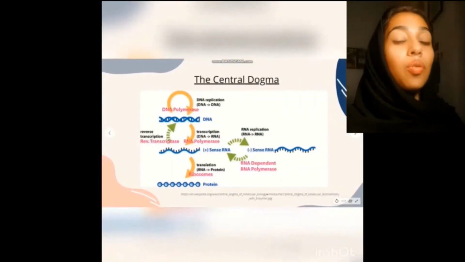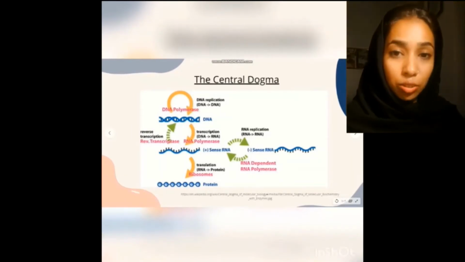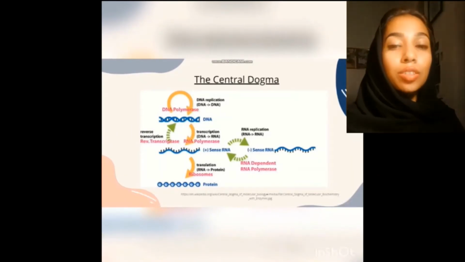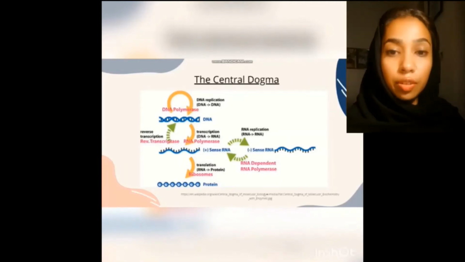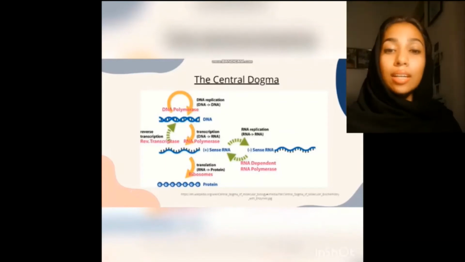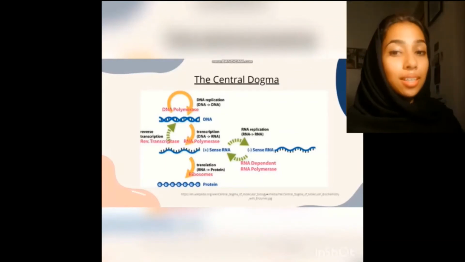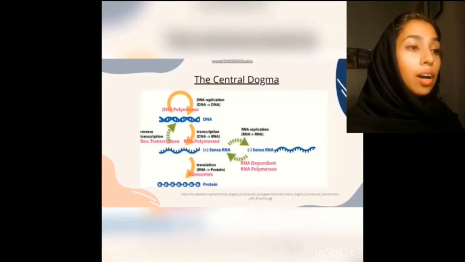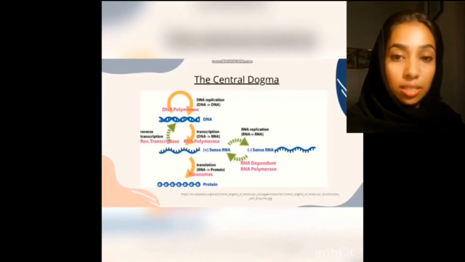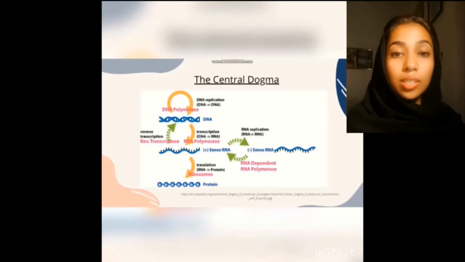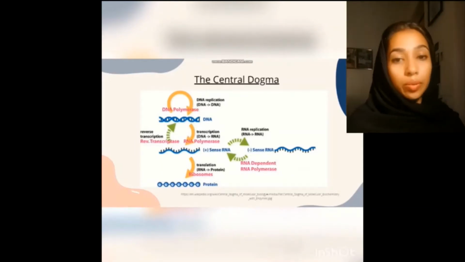To exactly know how microarrays work, we have to know about the central dogma of biology. The central dogma of biology is basically how the cell gets this information and conveys this information into the extracellular environment. It starts off with DNA replication, and once the DNA has replicated, we have the DNA going through transcription, whereby each three nitrogenous bases sequence in a DNA codes for an amino acid.